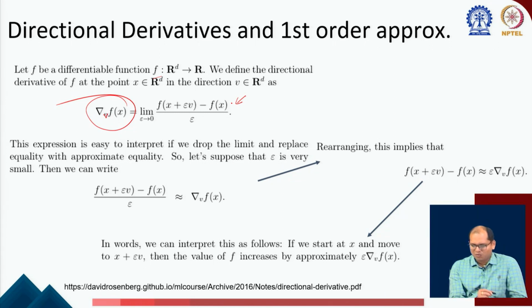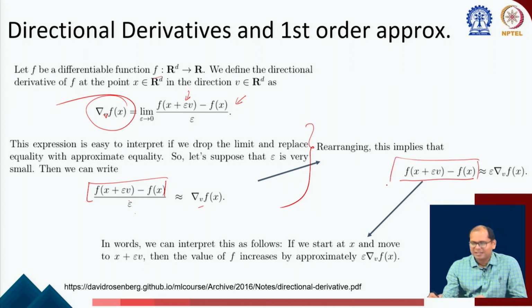Now, if you do an approximation, f(x plus epsilon v) is how much you have gone in a particular direction. v is the direction, epsilon is the amount you have gone in that direction, and f(x plus epsilon v) minus f(x) divided by epsilon is roughly the gradient of f at x in direction v. That means the amount of change, f(x plus epsilon v) minus f(x), is approximated by epsilon times the gradient, and that is where the expression comes from.